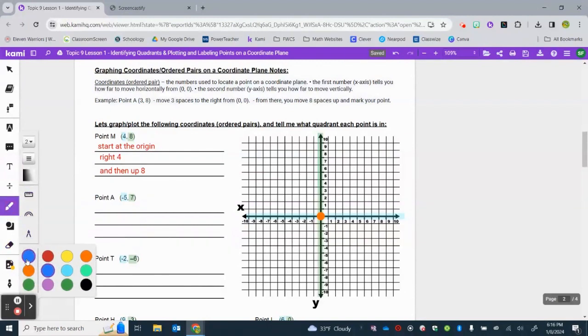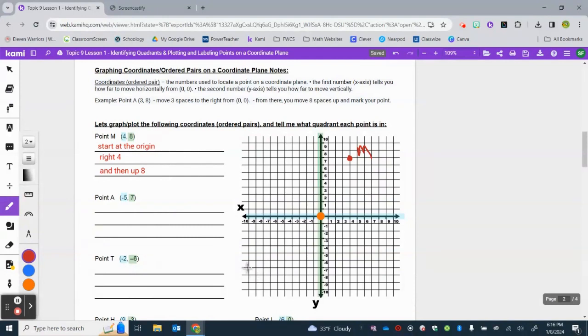So we'll just kind of draw this here in the red marker. If I start at the origin and I go right 1, 2, 3, 4, please make sure you count carefully. And then from that point, I'm going to go up 1, 2, 3, 4, 5, 6, 7, 8. I'm going to plot my point, and then I'm going to label it as M because that is point M. Just some directional movement.